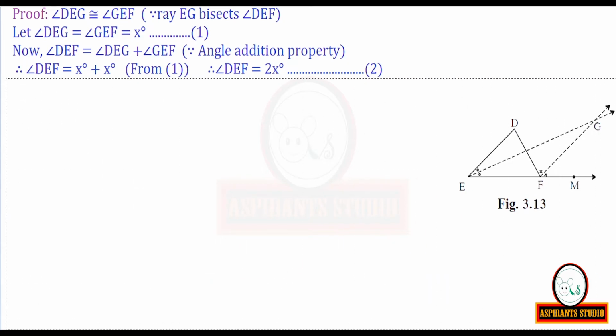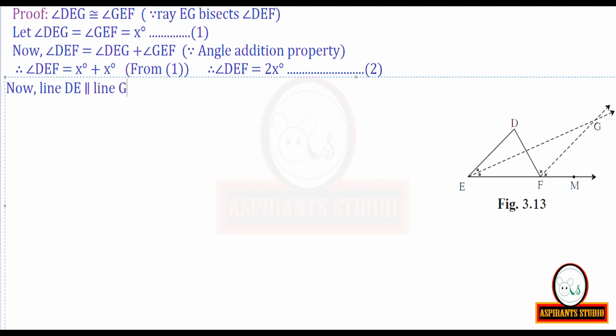Now, line DE is parallel to line GF. Look at the figure and the question. In the question you are being given line DE is parallel to line GF and we are taking line EF to be the transversal. Now we have the corresponding angles. Angle DEF and angle GFM are corresponding angles.